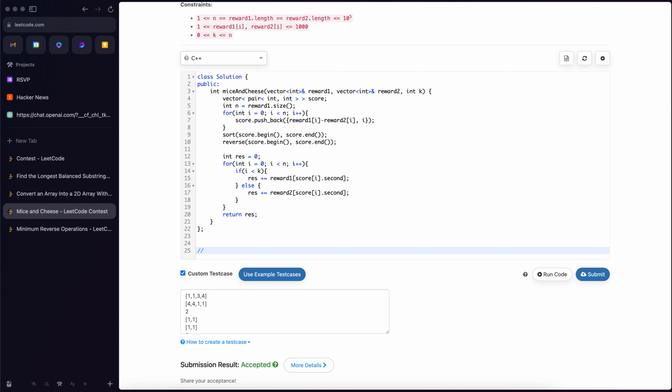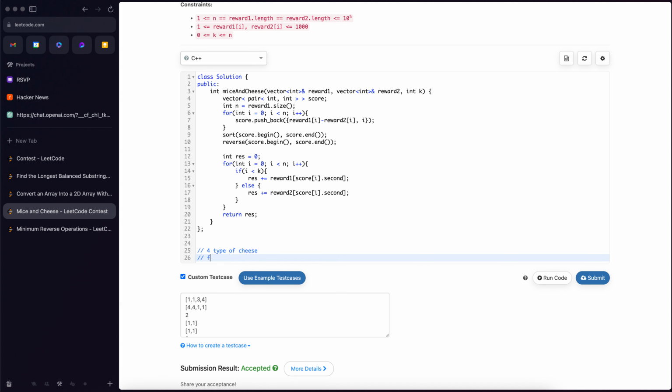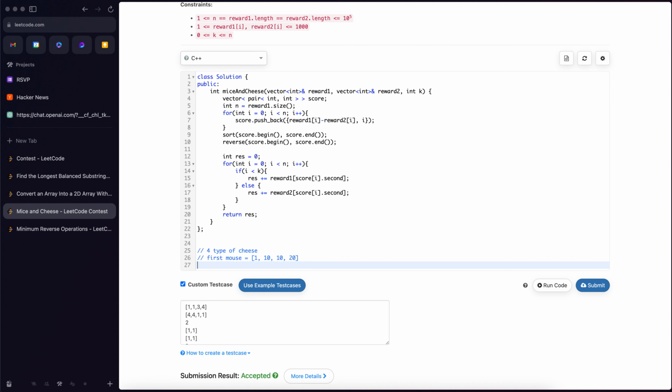if we had 4 types of cheese, and for the first mouse the rewards look something like, let's say, 1, 10, 10 and 20, and for the second mouse it looks something like 10, 10, 100 and 1000.